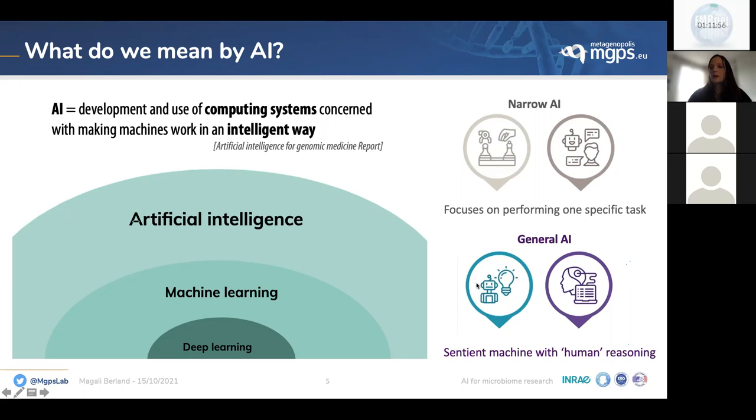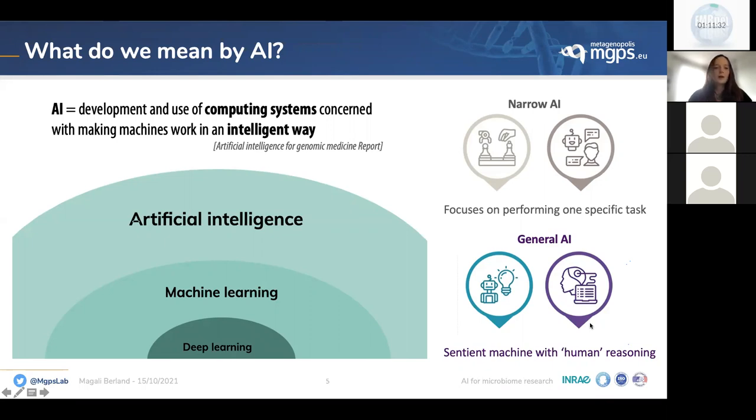The second category is general artificial intelligence, which refers to a sentient machine with human reasoning. So I will break your dreams now. This artificial intelligence does not currently exist, and many consider that it's totally unachievable.